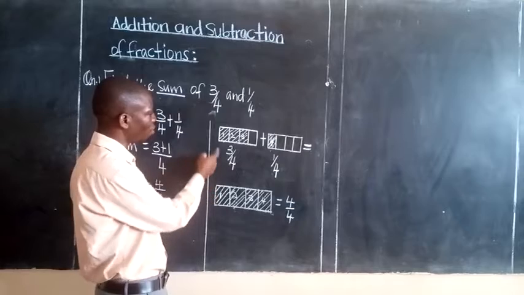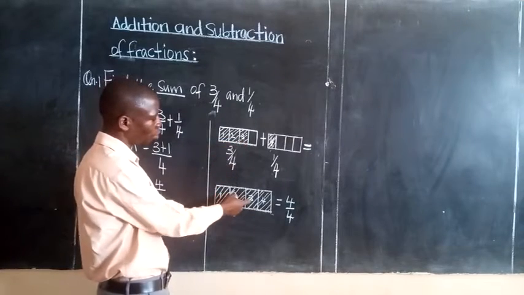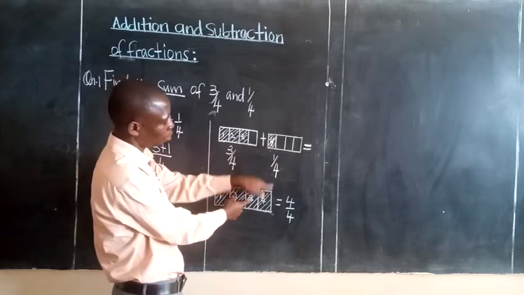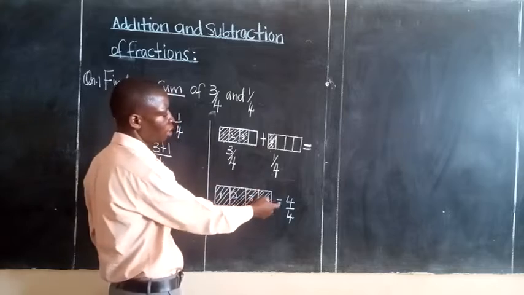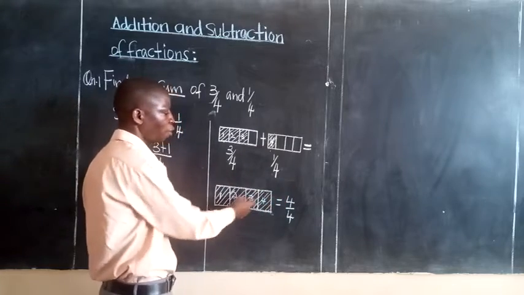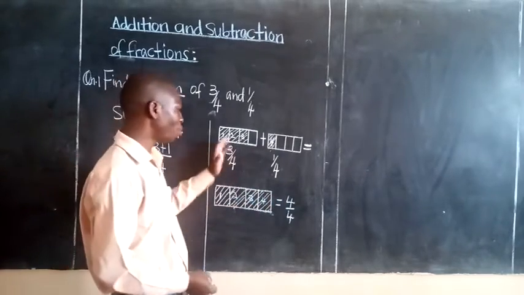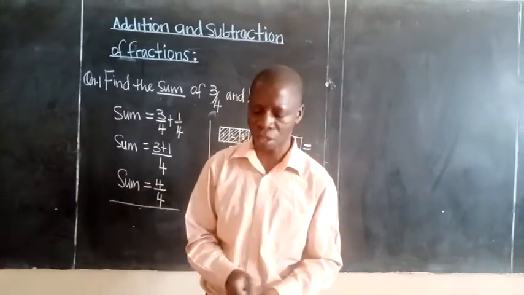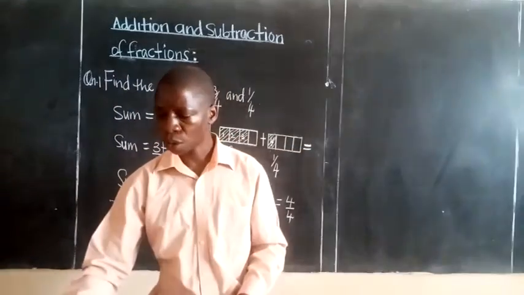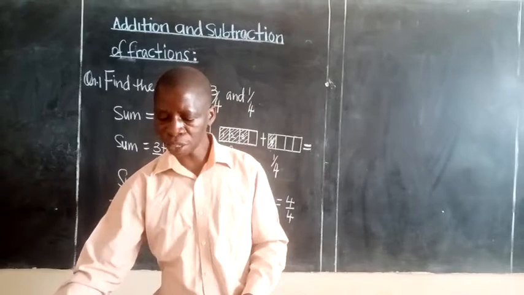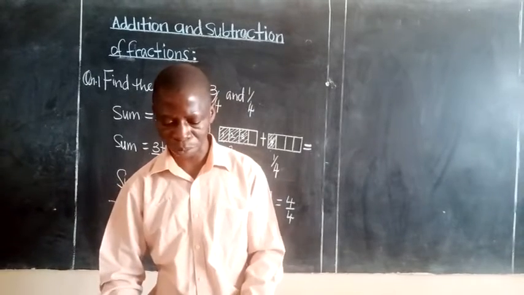So we shall have the 3 parts, 1, 2, 3, then we add one part, which is this one. And now we are making 4 out of 4. There are 4 parts. So that's how we can deal with it when we are using diagrams. We are doing that to make you gain perfection.